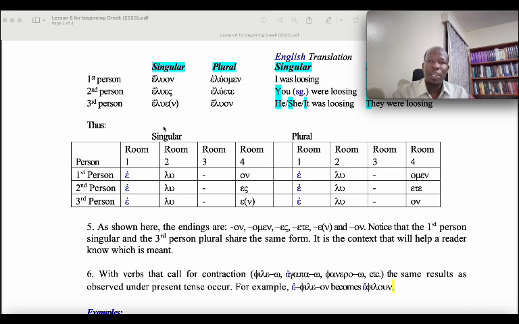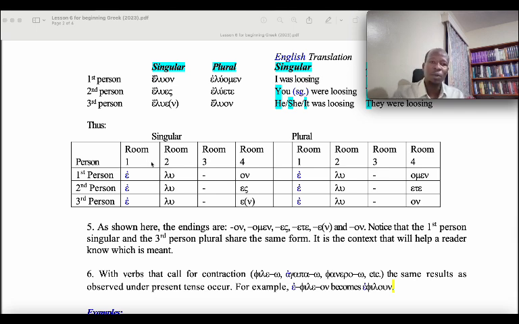So I shall begin with the four-room theory concept to explain the forms of the imperfect indicative active form of luo. So now in the singular and in the plural, and don't forget that the four-room theory deals with each room being occupied by a certain characteristic of the verb.